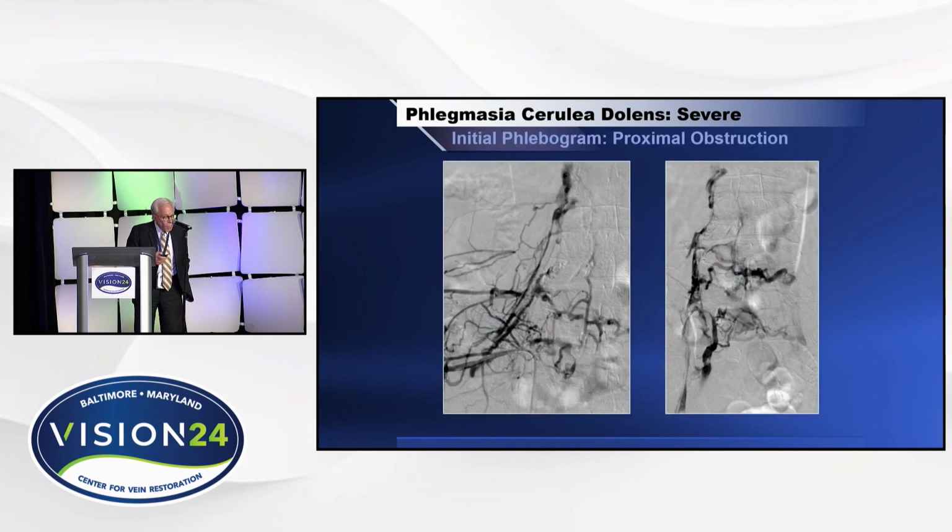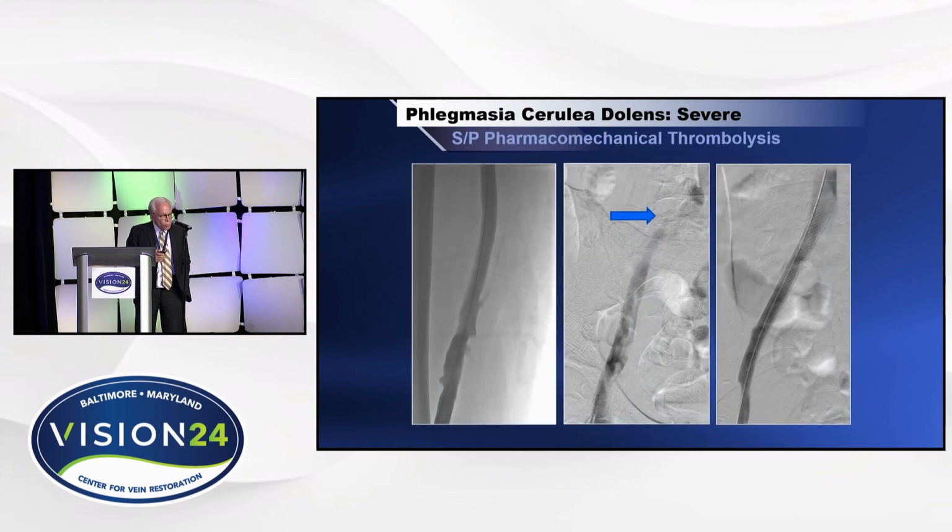And when we manage this patient, you can see the extensive occlusion of his iliofemoral system and the very good response he had after about 20 hours of catheter-directed thrombolysis, and the blue arrow demonstrating the residual obstruction of the left common iliac vein. The patient is in the supine position in this venogram.